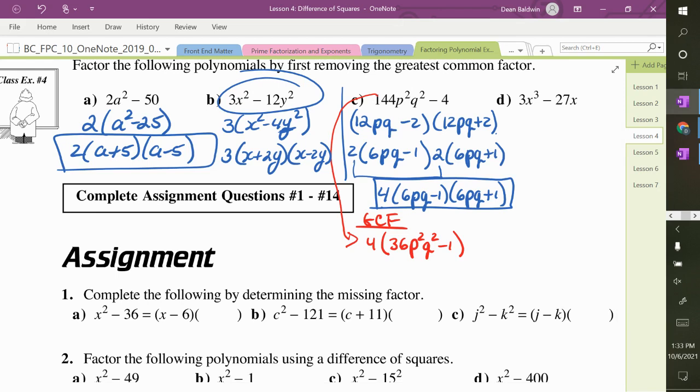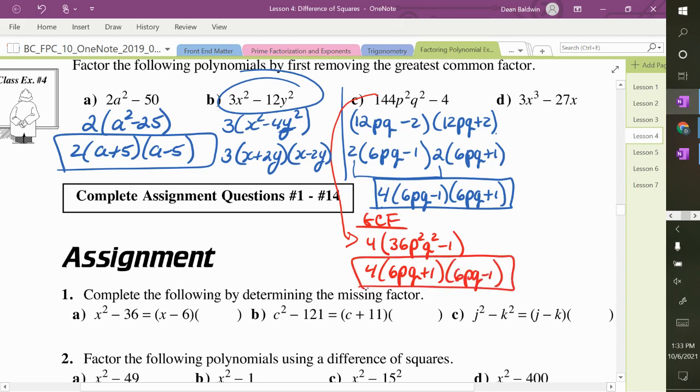Can you square root 36? Can you square root 1? So you go straight from there. You get the same answer. You just do it a little quicker. And the bigger and the more complex the numbers are, the faster you will get to the answer.